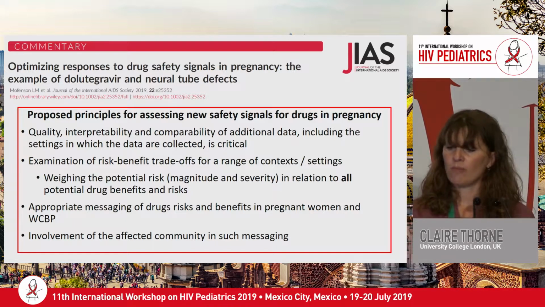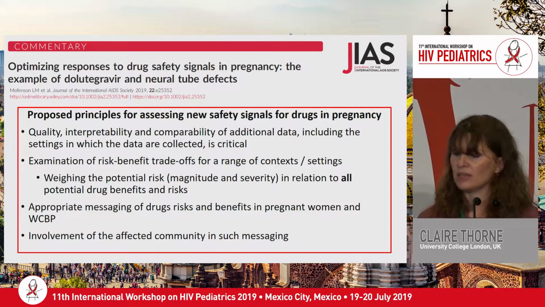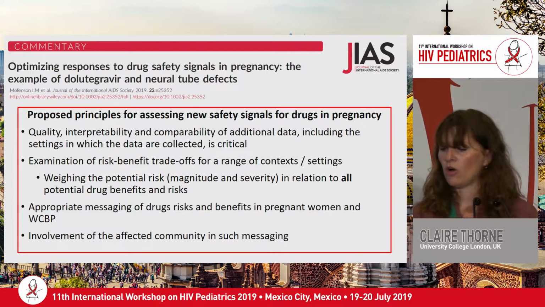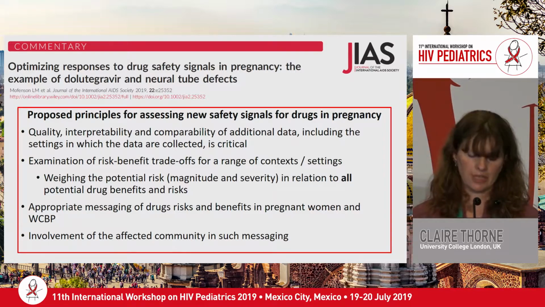So they are that the quality, interpretability, and comparability of additional data, including the settings in which the data are collected, is critical, that examination of risk-benefit trade-offs is needed in a range of contexts and settings, and that the potential risk, both magnitude and severity, needs to be weighed up in relation to all potential drug benefits and risks. And that messaging of drug risks and benefits in pregnant women and women of childbearing age needs to be appropriate and needs to involve the affected community.